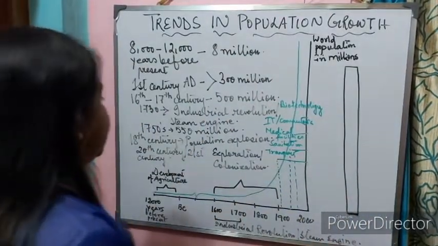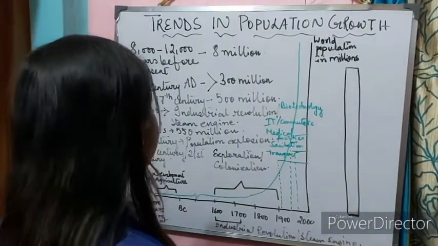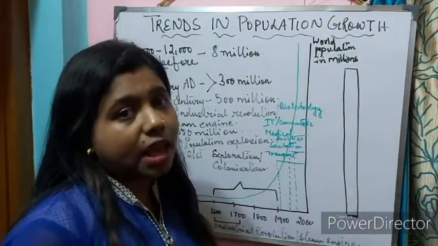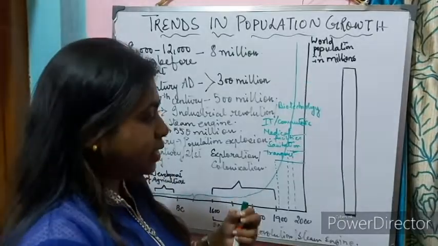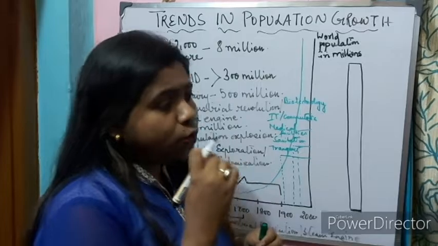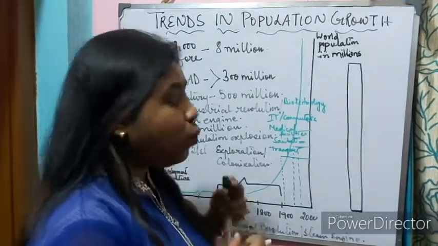Well, as I said, the population exploded in the 18th century. So let us understand how the population expanded, how the population increased by 1 billion, and how much time it took to increase by 1 billion.